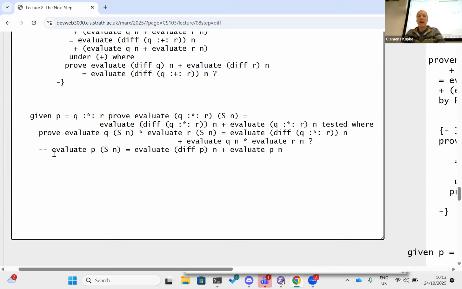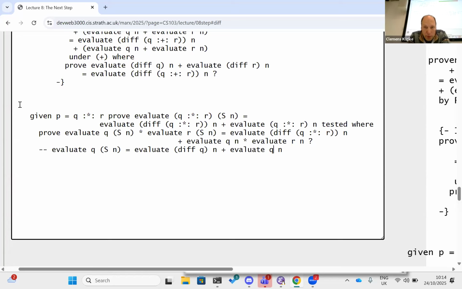So this is indeed the inductive hypothesis that we know, not for P, but we know it for Q and R. So you see, we are proving something here about the formula Q times R. So we have the inductive hypothesis for Q and R. So we know, for example, that we can use that this holds.